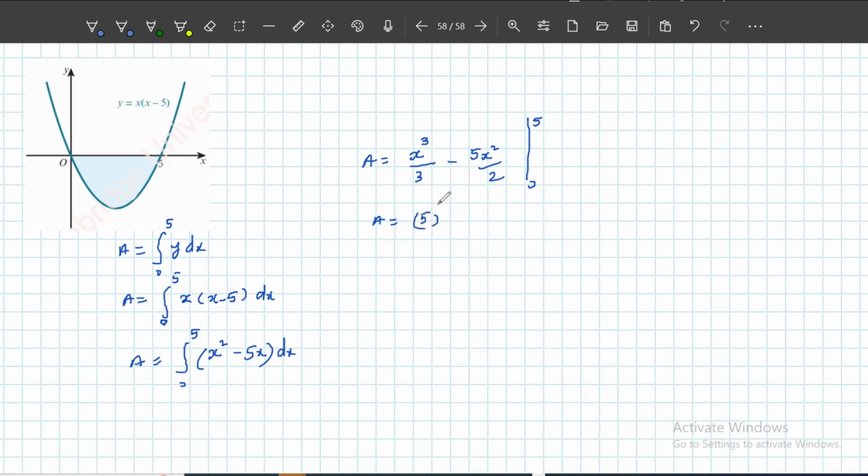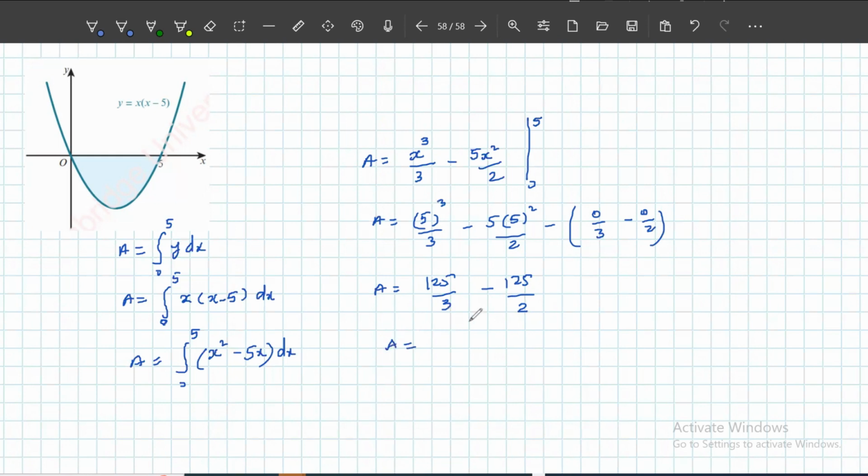So 5 whole cube over 3 minus 5 squared over 2, minus lower limit 0 over 3 minus 0 over 2. So A equals 5 cube, which means 125 over 3. This one, 5 fives are 25 multiplied by 5, 125 again over 2.